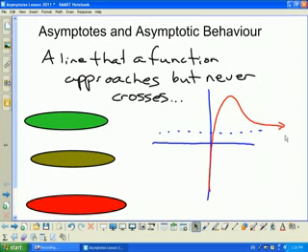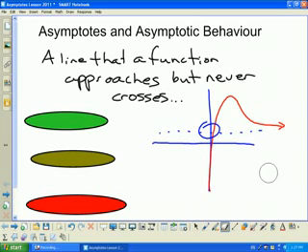It's quite clear right here that the function actually crosses the asymptote, but for horizontal asymptotes, we're really looking at the behavior as x approaches negative infinity or positive infinity. So when we say an asymptote is a line that the function approaches but never crosses, really that's at the extreme values. Okay?